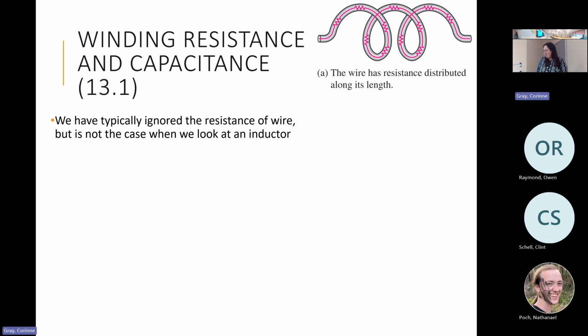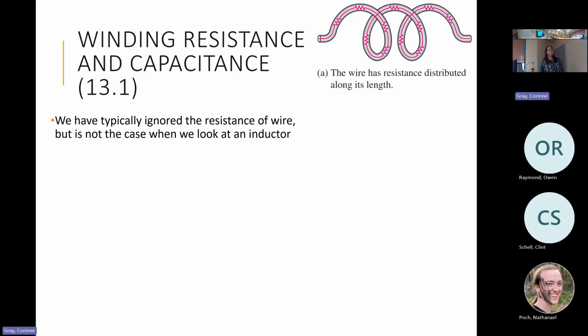So it turns out for inductors, that's not the best way to represent them, technically, because wires do have resistance. If we had an inductor, which is just a lovely coil of a bunch of wire, there's a bunch of resistance inside of that coil. So this gives rise to what is referred to as the winding resistance, which has to do with winding your wire.